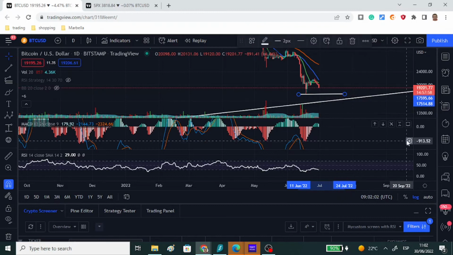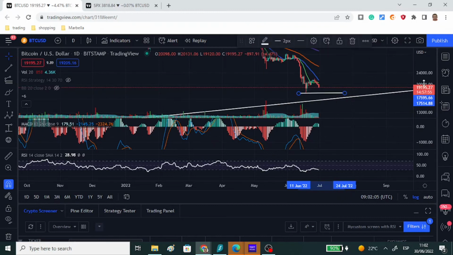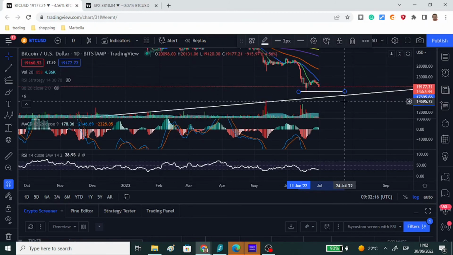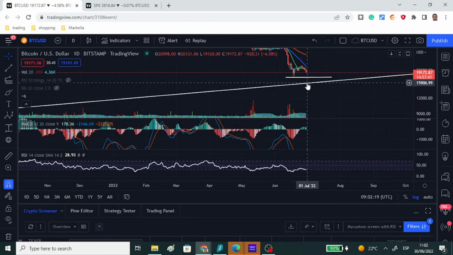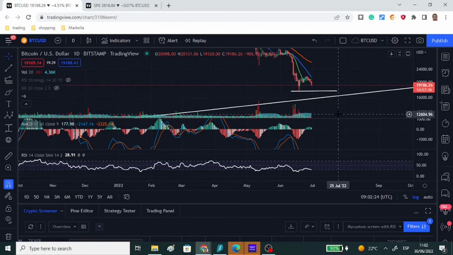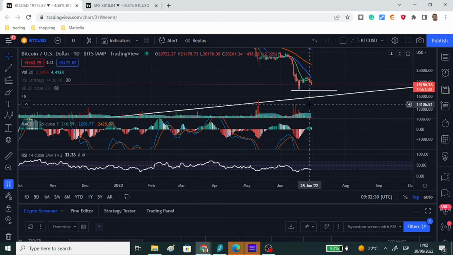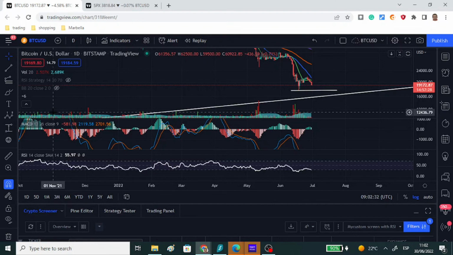So as a trader, I'm not shorting at the moment, right? I'm waiting to see if it breaks down from this zone. As an investor, I'm looking to buy cheaper Bitcoin. So as an investor, what I would do, this is non-financial advice, I will start thinking to accumulate more Bitcoin.